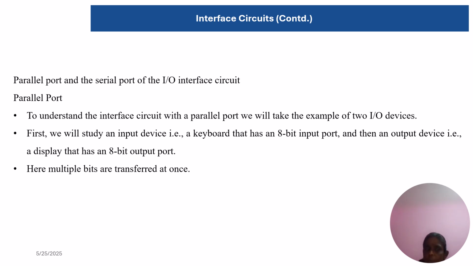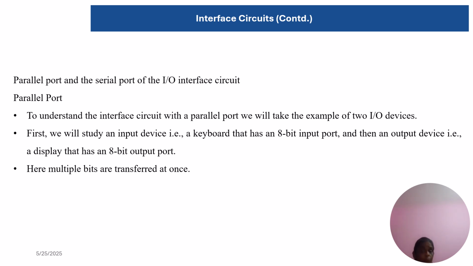Here multiple bits are transferred at once. So if we press A from the keyboard, this will be transmitted as ASCII code in terms of 8 bits. In the same way, the same A has to be displayed in the display unit. It has to be sent through 8 bits only.